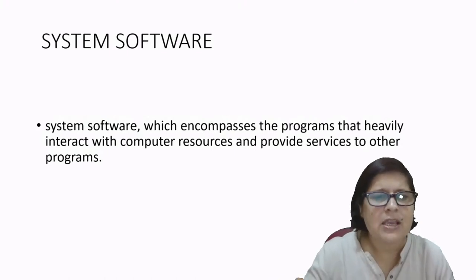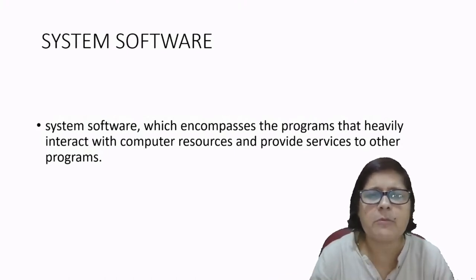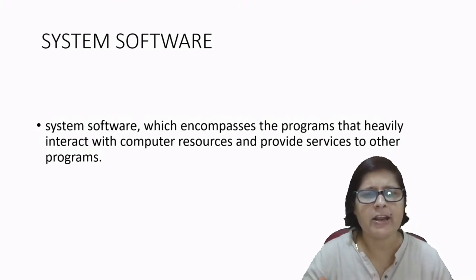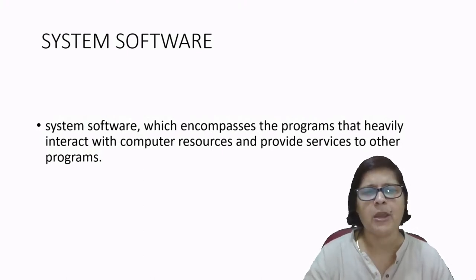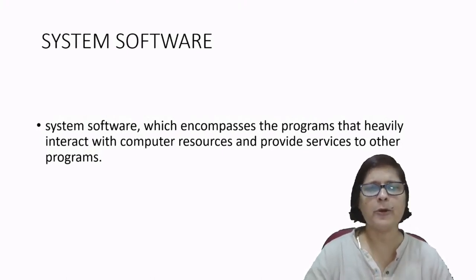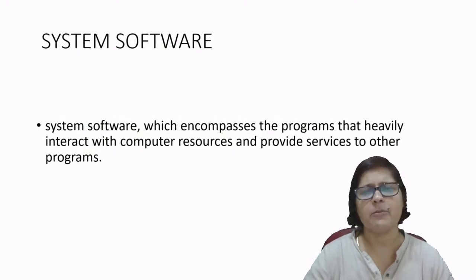System software basically gives us a platform. It makes our hardware operatable, and it gives us a platform on which the user can use the application programs. If you are not able to boot your system, if the operating system is not there on your system, right? You cannot use any of the application programs.